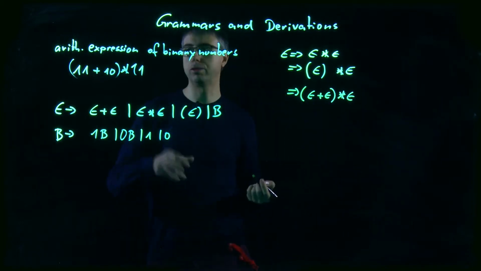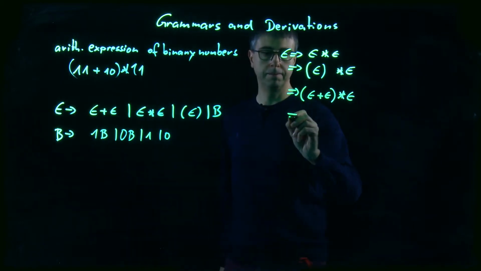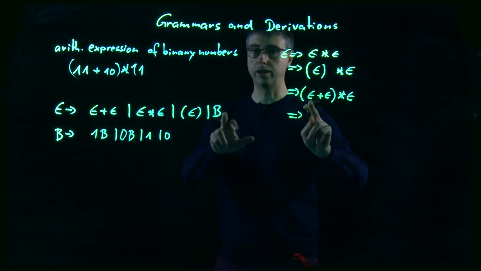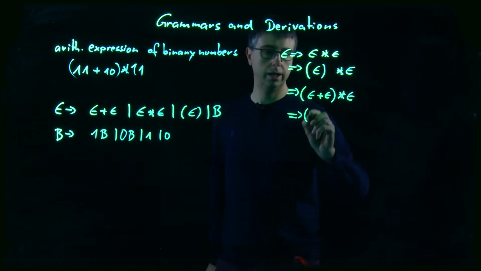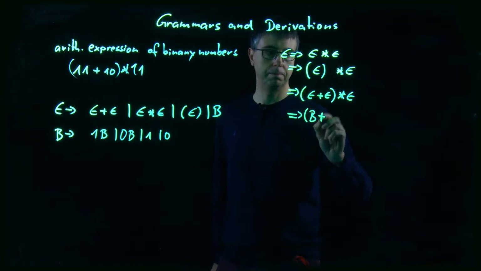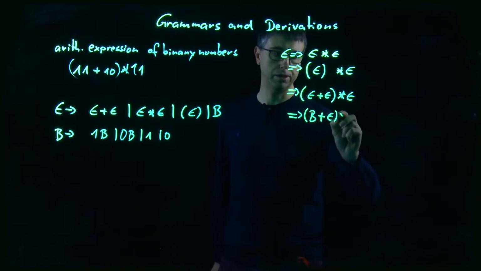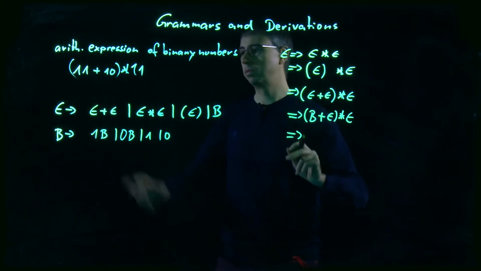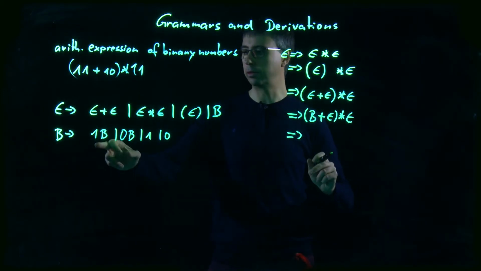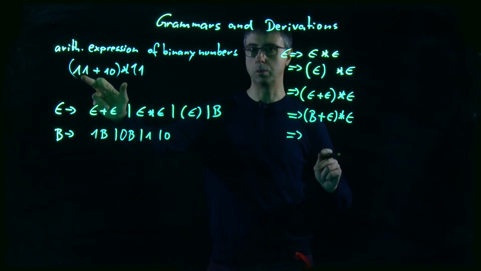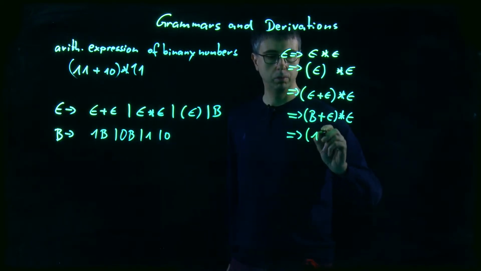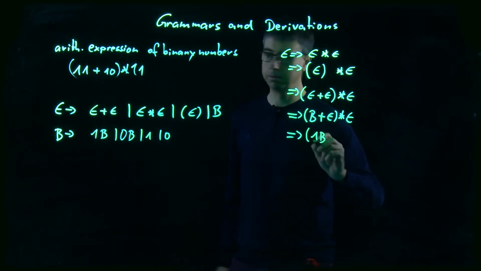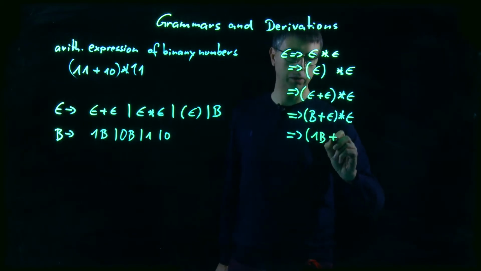And now we start deriving the individual numbers. So we change this E using this rule here and get a B plus E. And the rest stays the same. And with this B, we apply this rule here because the first character is 1. So we replace this B by 1B using this rule, and we continue.